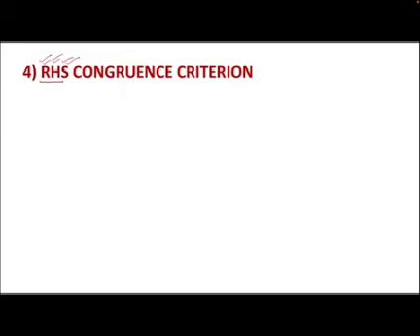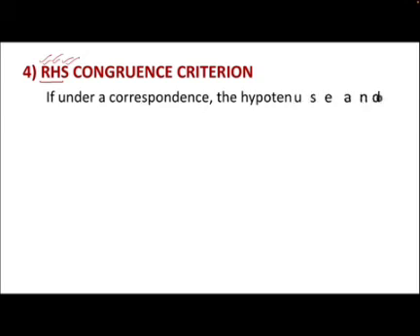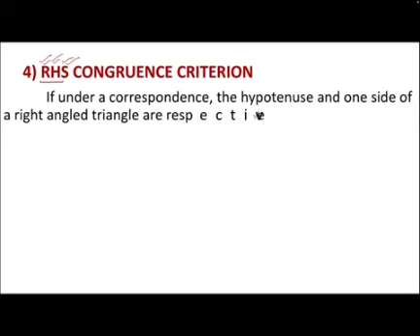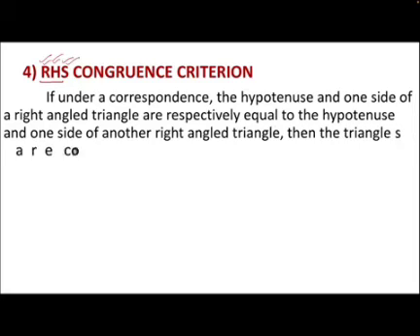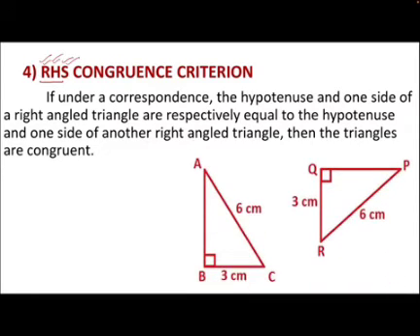So if we match the right angle, hypotenuse and side of one right angle triangle with the other right angle triangle, then the triangles are congruent. So let's see. If under a correspondence, the hypotenuse and one side of a right angle triangle are respectively equal to the hypotenuse and one side of another right angle triangle, then the triangles are congruent.